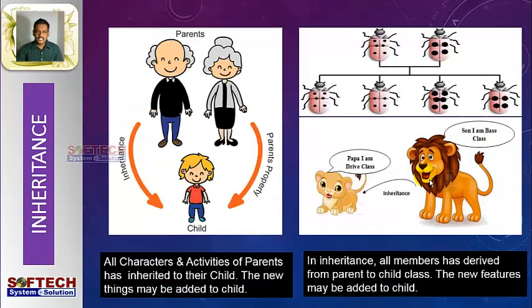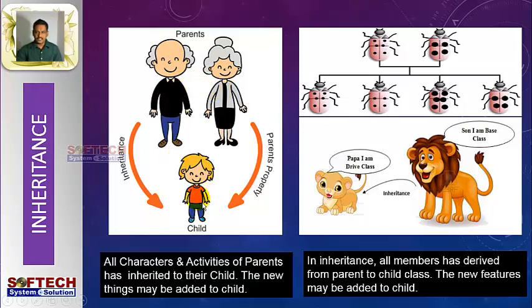Then the second one is inheritance. So these are parents. The father has some activities, habits, diseases and all things. He has some activities and characteristics. The mother also has some activities and characteristics.